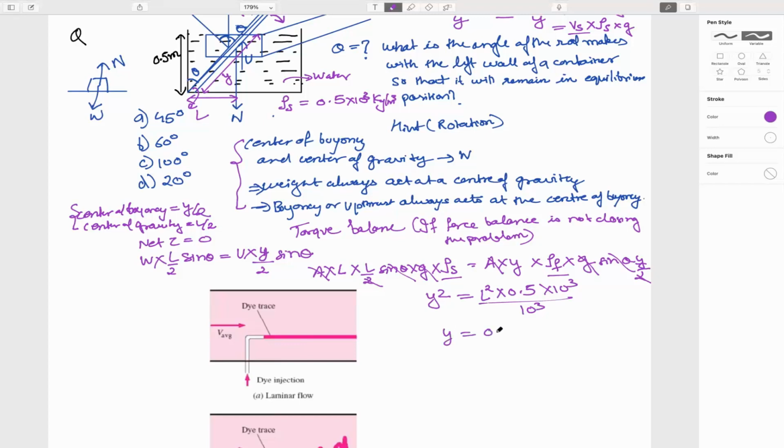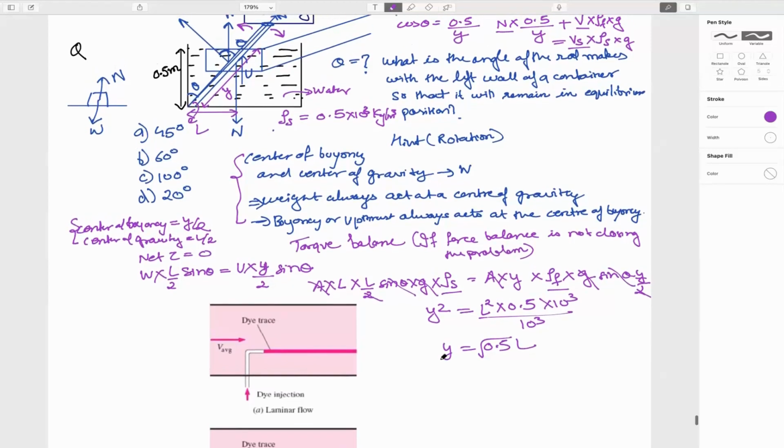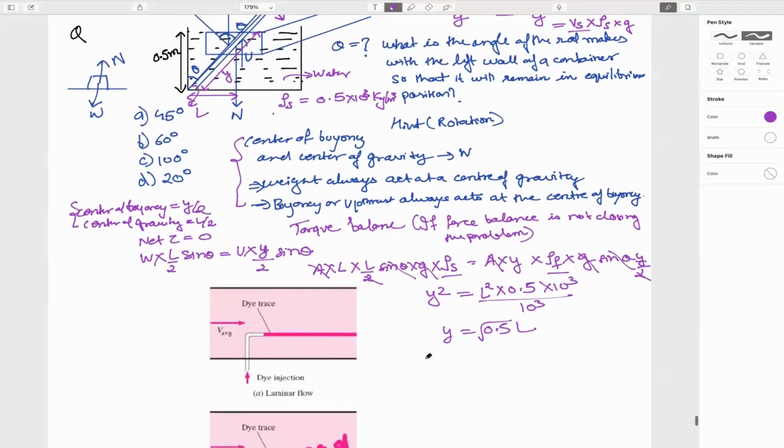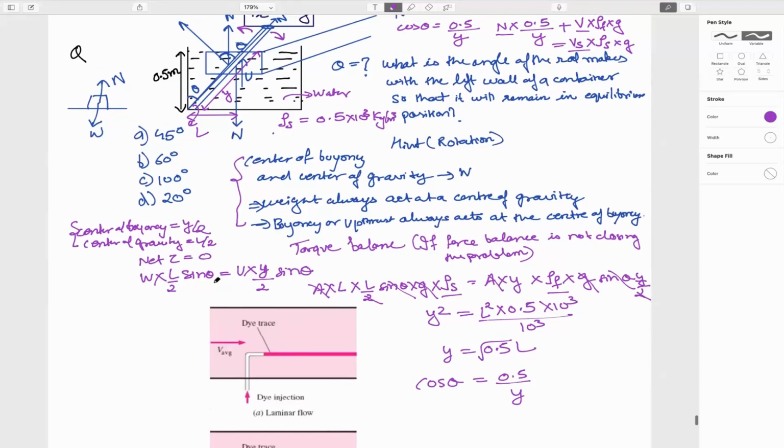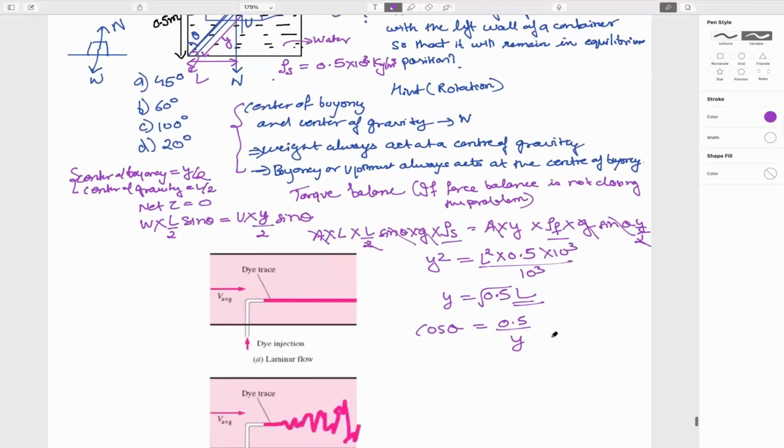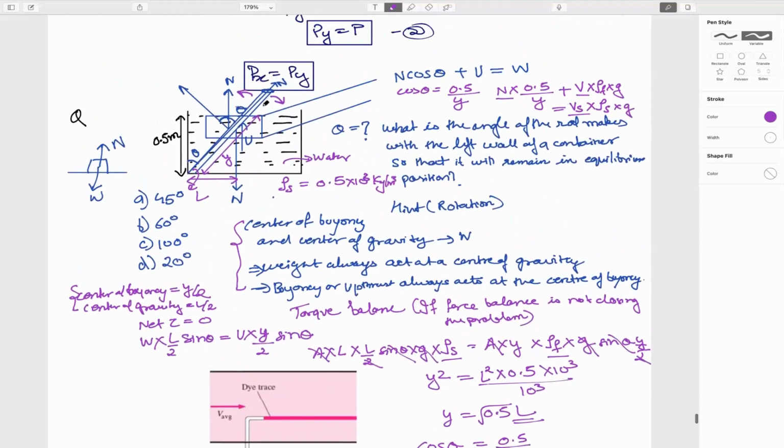So y comes out to be 0.5 L. We know what cos theta is. So cos theta is nothing but 0.5 divided by y. So we just want y. Am I doing any mistake here? Okay, so I want a length. Many things I missed in this question.